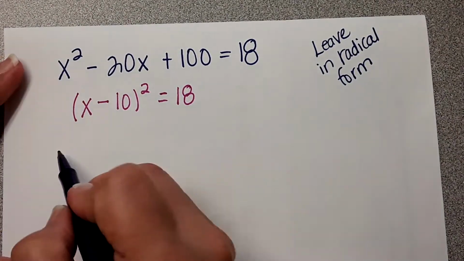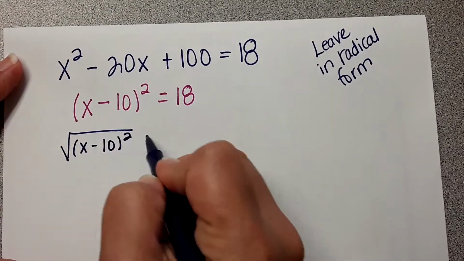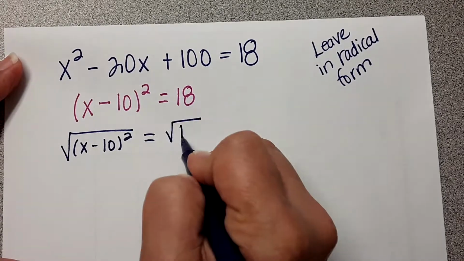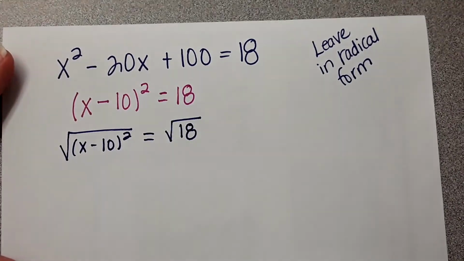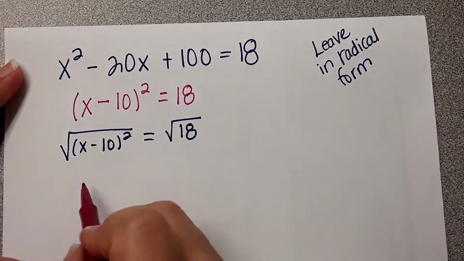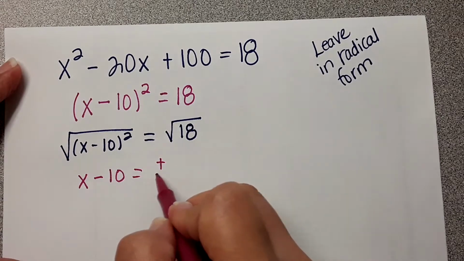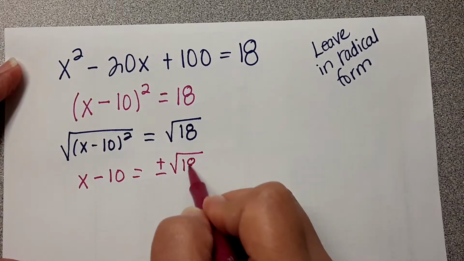Just like before, I'm going to take the square root of both sides. I get x minus 10 equals plus or minus the square root of 18.